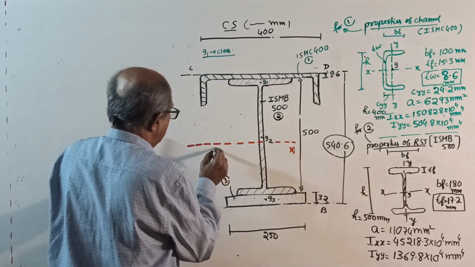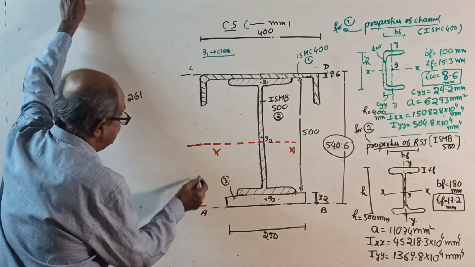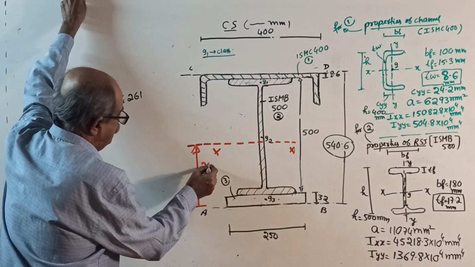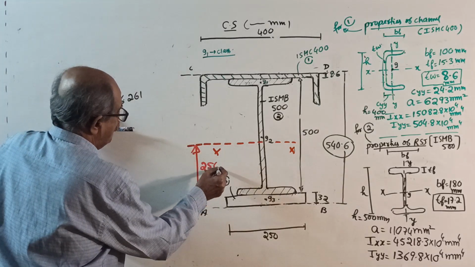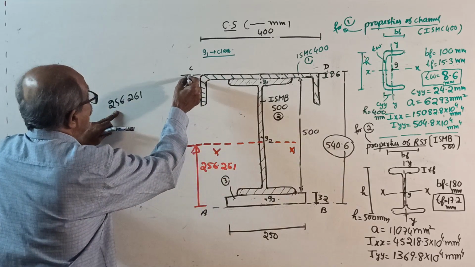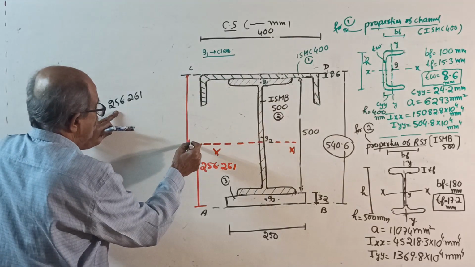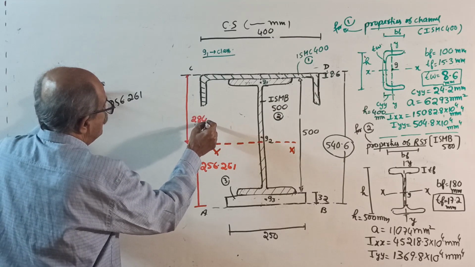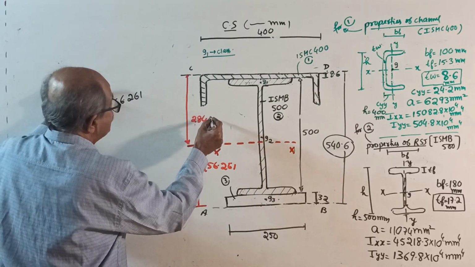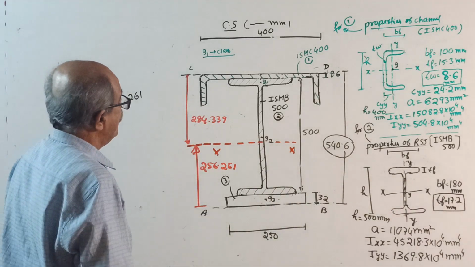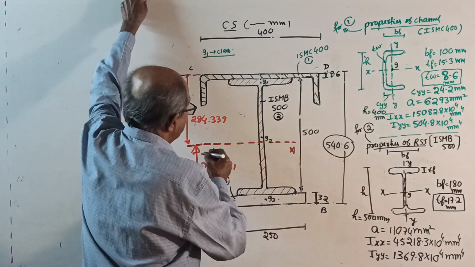The x axis comes here. From the bottom edge up to here is 256.261. Then from the top edge, it will be 284.339. Okay, over. Located now. Now, this is the x axis.